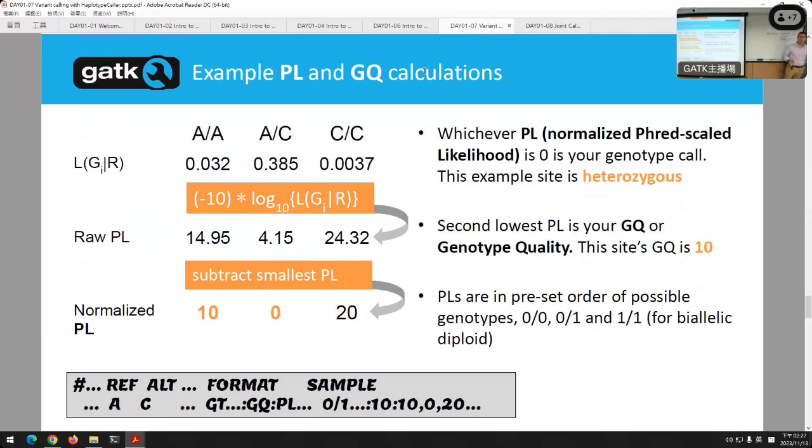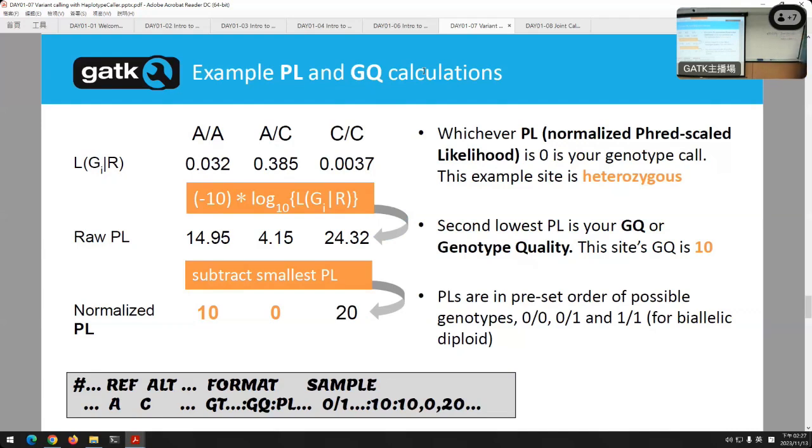But this is far apart by one order of magnitude. 10 is a Q10. So we're only 90% more confident in one over the other. That's still a lot. When we see 30x coverage, usually you see genotype quality is like 99, which is the max. So you're 99.999999% confident that this is the right genotype. We still make mistakes, but yeah.